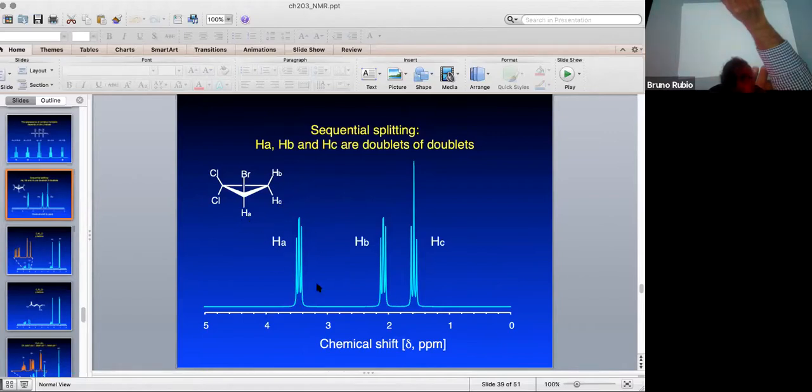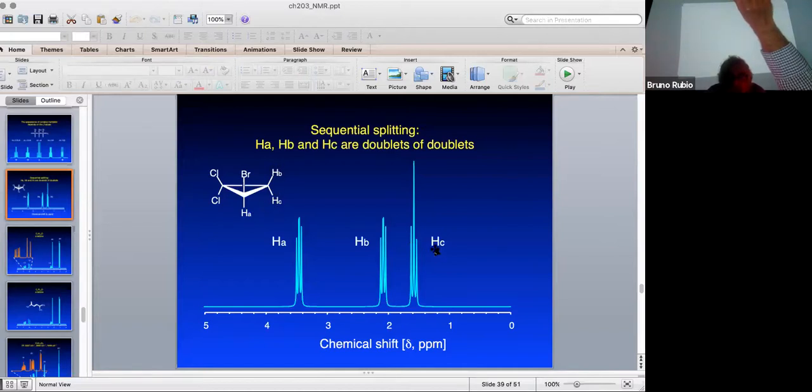And see what the doublet of doublets looks like? Well, I see 3 signals. I see 3 components, but it's not a triplet because a triplet is 1 to 2 to 1, and this is nowhere near even being 1 to 2 to 1. Okay, so HC is also split into a doublet of doublets by the HA and the HB.